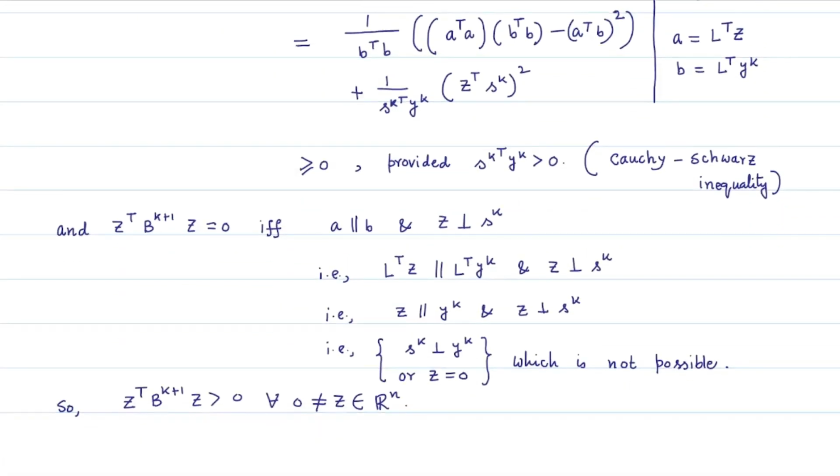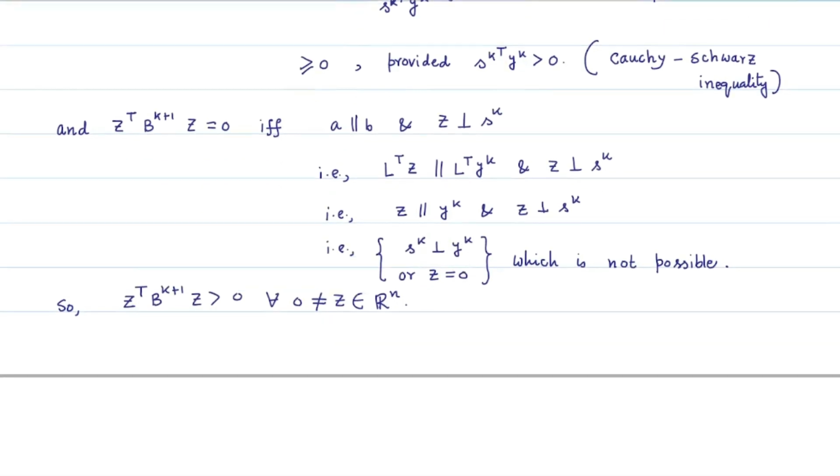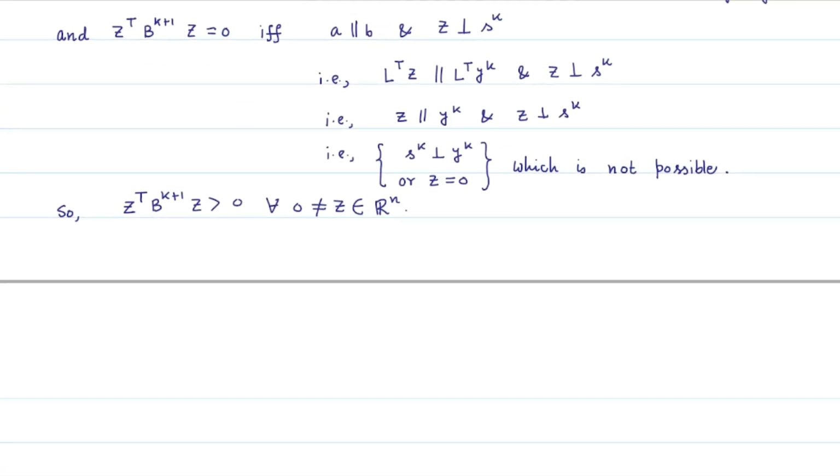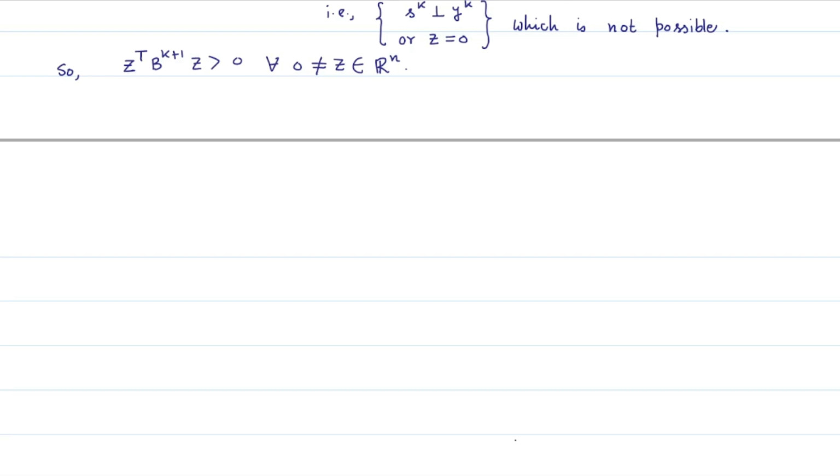Or before that, let me mention that the descent property for the DFP algorithm is there. This is due to the positive definiteness of the matrix B_k.